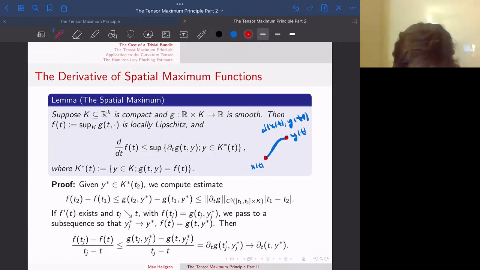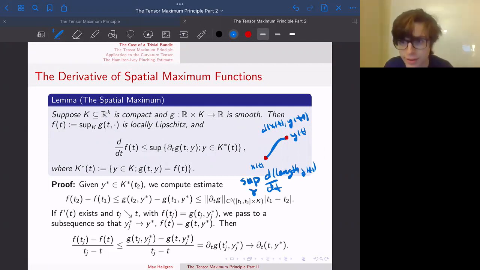And so if we want to compute the derivative of the distance between x of t and y of t, then this is going to be less than or equal to the derivative of the length of gamma, d/dt, where, sorry, this is going to be the supremum over all minimizing geodesics gamma from x of t to y of t.